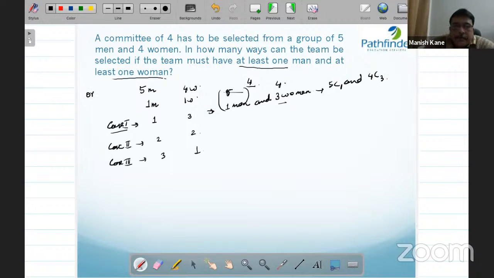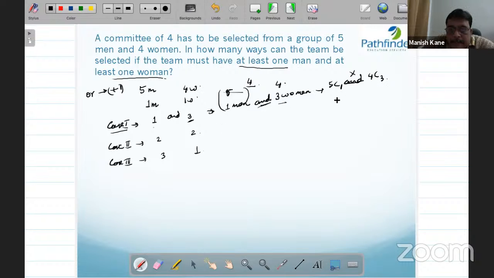I told you "or" is replaced by a plus sign in maths and "and" will always be replaced by a multiplication sign in maths. So you have to do both. If you have to select a committee of 4, you have to select one man and you have to select 3 women. And therefore there is an "and" in between, which will be replaced by a multiplication sign.